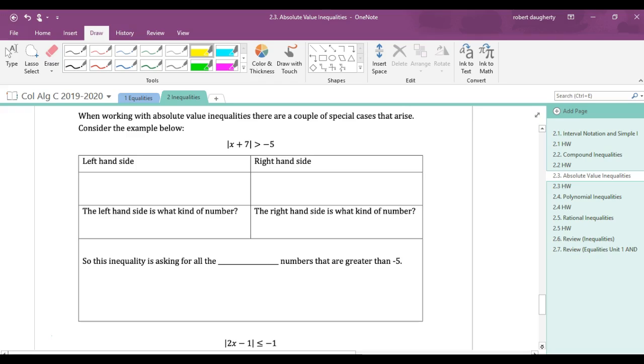So the absolute value of x plus 7, what kind of number is the absolute value of x plus 7? It's a positive number, okay? So on the left side, I have a positive number, okay? I could have written that right here. So positive number. On the right side, what kind of number do I have? I have a negative number.